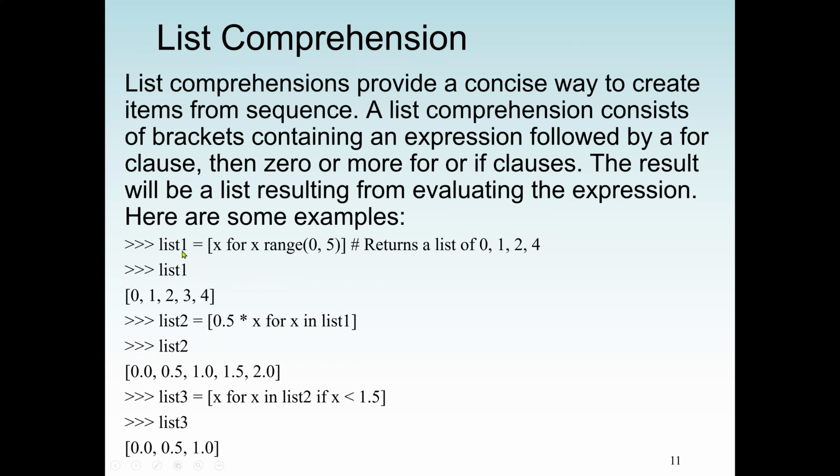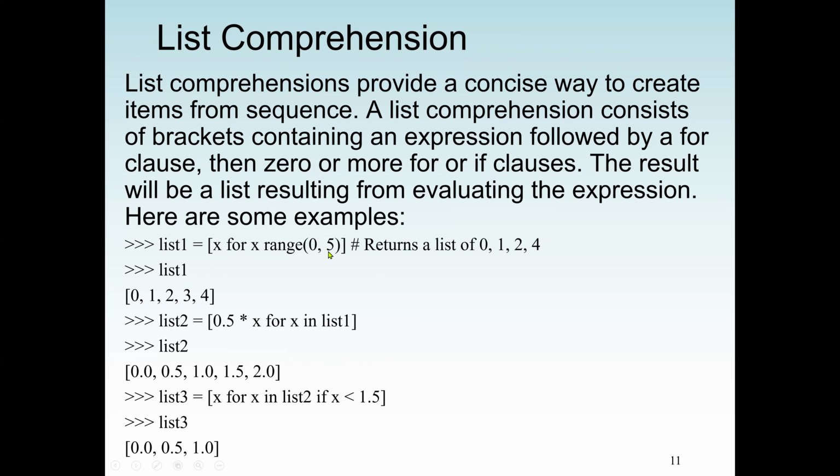So for example, we have list 1. Here we say list 1 is equal to x for x in range 0 to 5. So this means, remember, when we use the range from 0 to 5, we are going from 0 to 4.